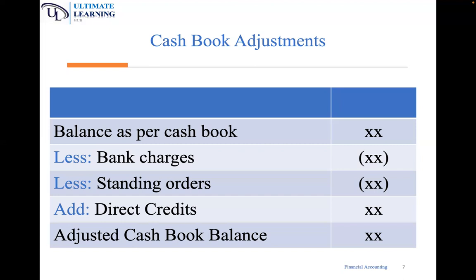This balance is picked from the cash book. If the closing balance appears on the credit side of the cash book, it will be a positive item when you are preparing the cash book adjustments.